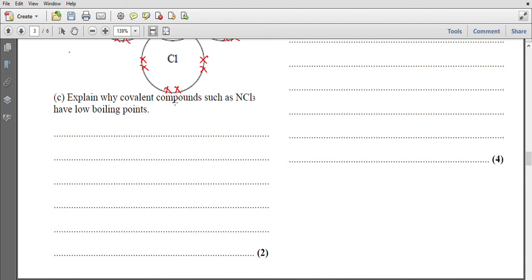Explain why covalent compounds such as NCl3 have low boiling points.